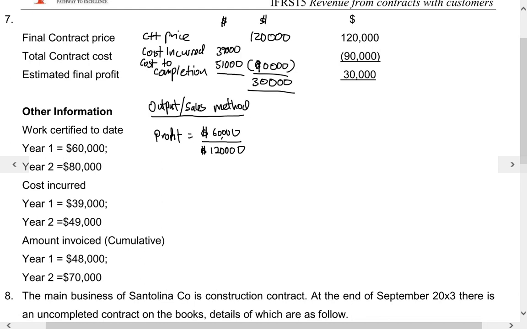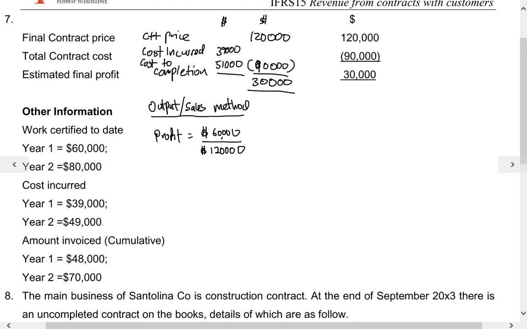Means when we construct the highway, we ask the architect, can you please certify how many percent has been completed? Now they say 50% completed. It's not based on how much we incurred, but it's based on the architect's correct judgment or confirmation on how many percent we have already completed. So when they say, yeah, we can bill them 60,000, this certified 60,000 out of the total bill of 1,2.